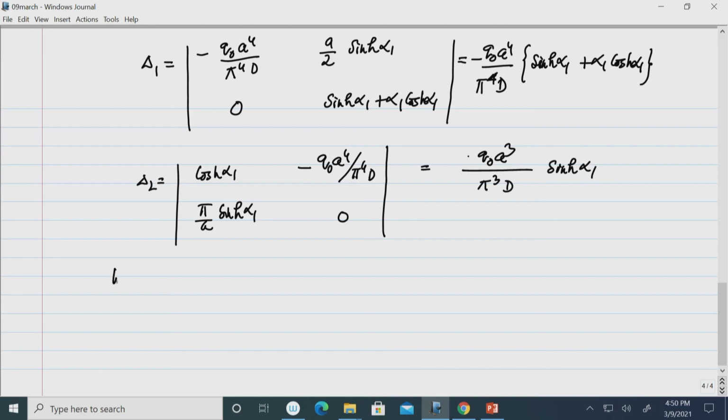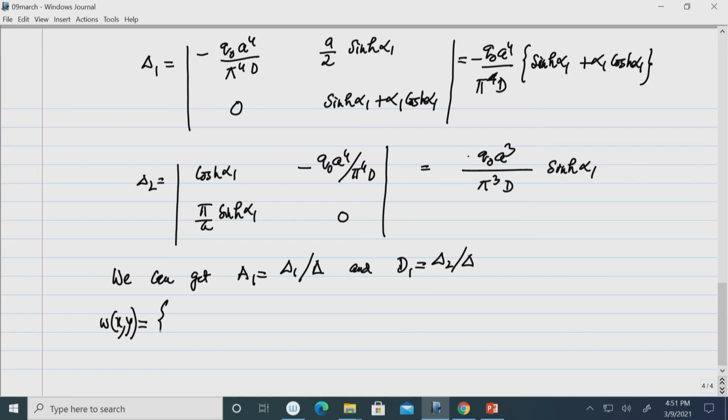Now, we can get A1 as delta 1 divided by delta and D1 as delta 2 divided by delta. Once this A1 and D1 is known, then the deflection series is simply calculated, because only m equal to 1 is important here, and the other terms do not exist.